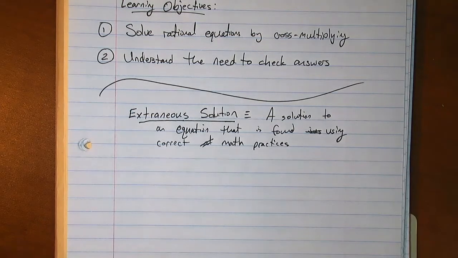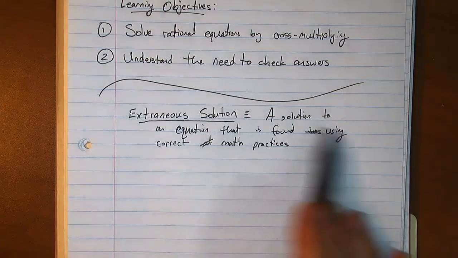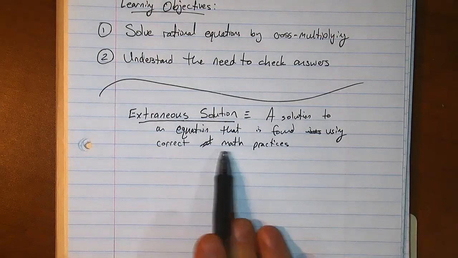In other words, you're going through and solving an equation, and everything you do is mathematically correct. So you've done the right order of operations. You've used the right procedures. You have not made any arithmetic mistakes. Everything you've done is correct. And you end up with this solution, a solution to an equation found using correct math practices.